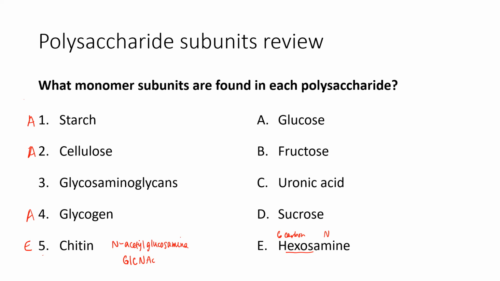One component of the disaccharide is C, the uronic acid. And what would the other component be? Is it E also? It is, so E. Yeah, excellent. So we have a uronic acid attached to a hexosamine, and then that disaccharide repeats to make our glycosaminoglycan.